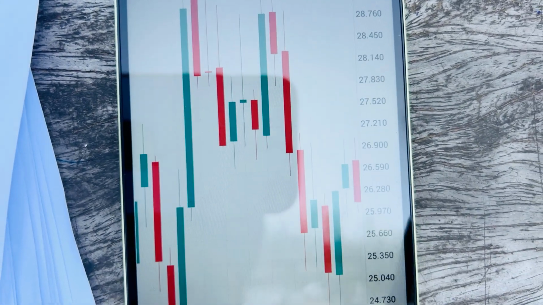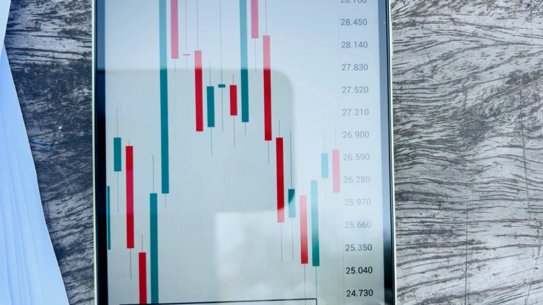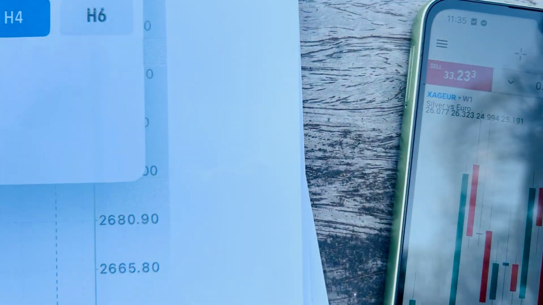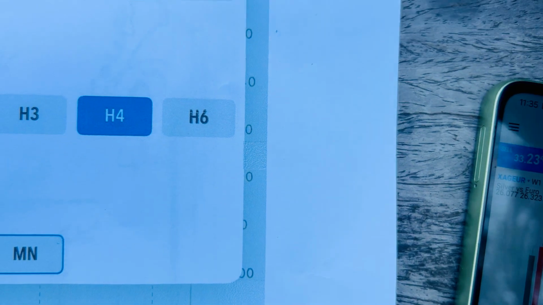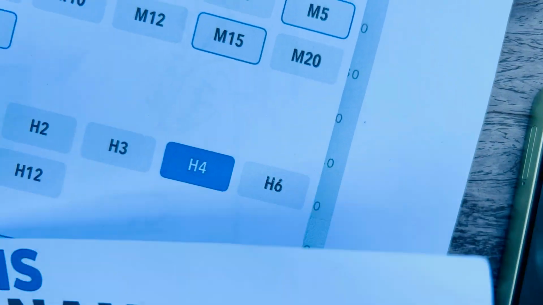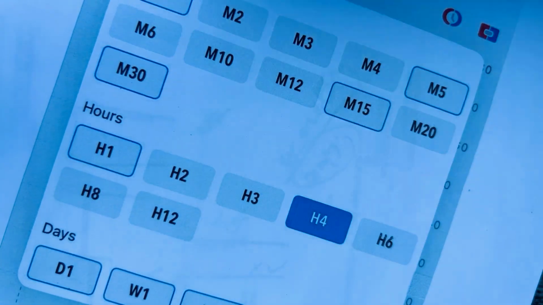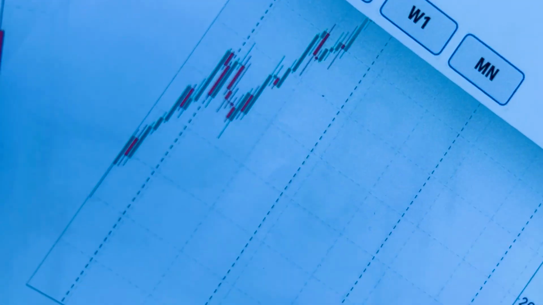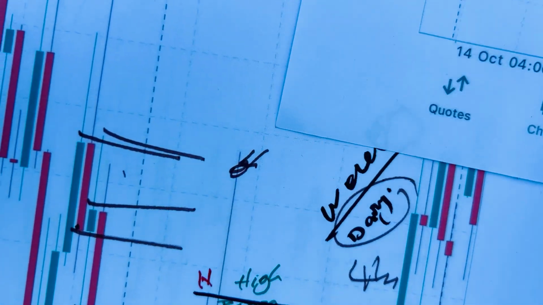So now, here on entry, when it comes to entry confirmation, you have so many things that you can use. I want you to note something. You do not have to pay for this information because I love you all, guys.